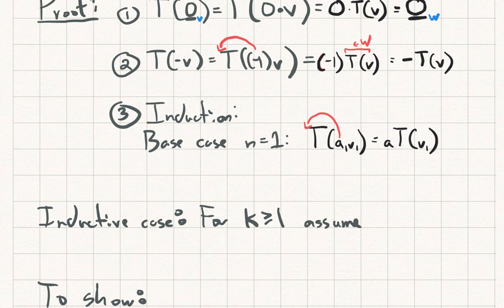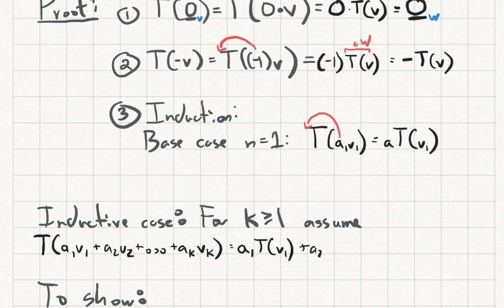So let's assume that we can do it for k vectors, so T of a1v1 plus a2v2 all the way to akvk. So let's say we could do it. So that means that this is going to be a1 T of v1 plus a2 T of v2 all the way to ak T of vk.